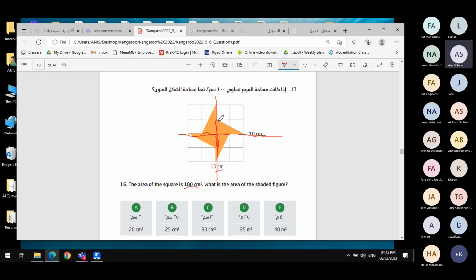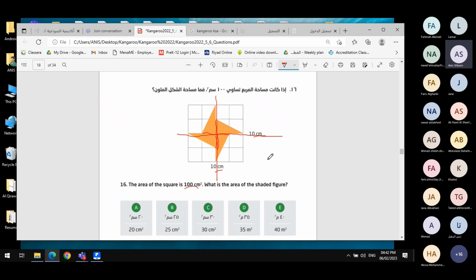So now, what is the area of this triangle? I have now a triangle here, triangle here, triangle here, and a triangle here. So the area of the shaded part is the area of this triangle, plus this area, plus this area, plus this area.